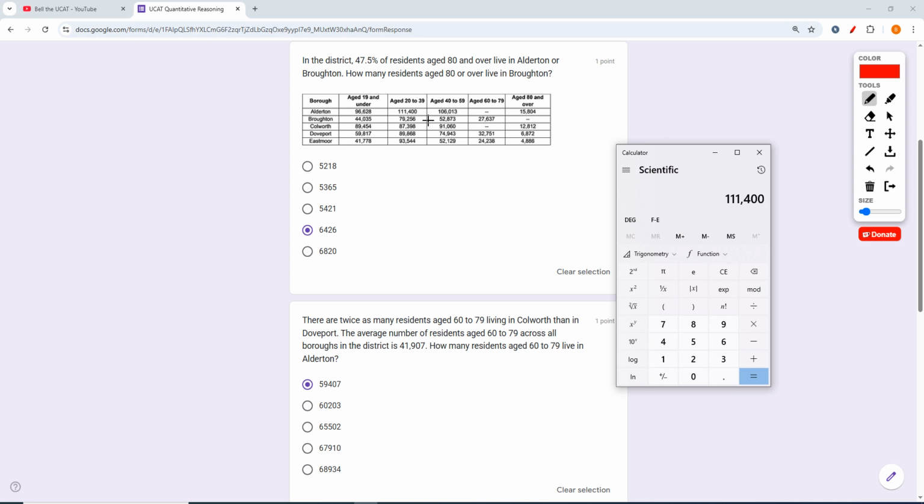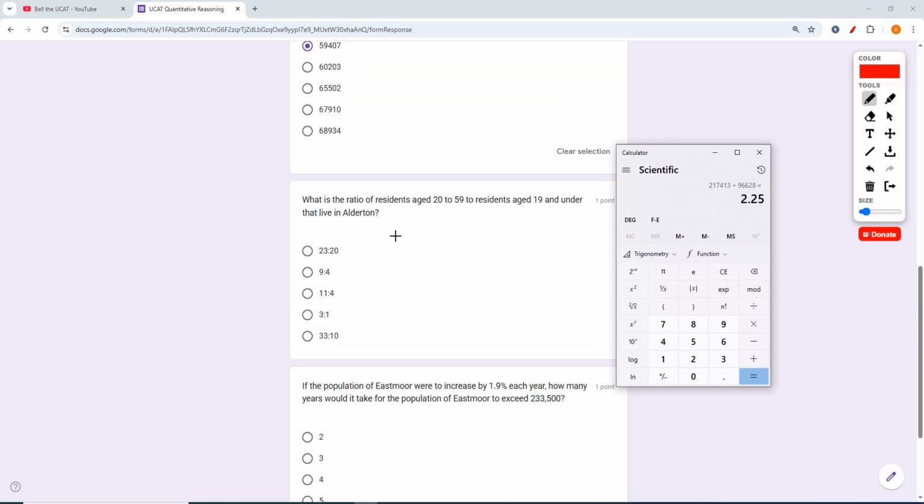So 111,400 plus 106013. Easy. Divide that by 96628. There we go. So we got 2.25. Oh yes, 2.25 comes down to roughly 9 over 4. Bang, got it. So I wanted 2.25.